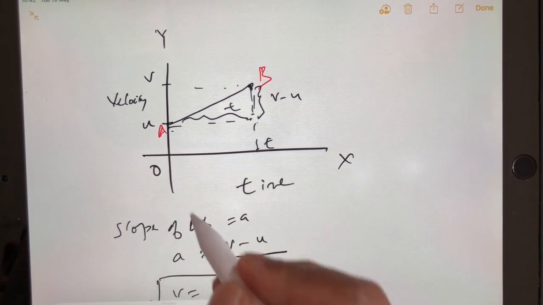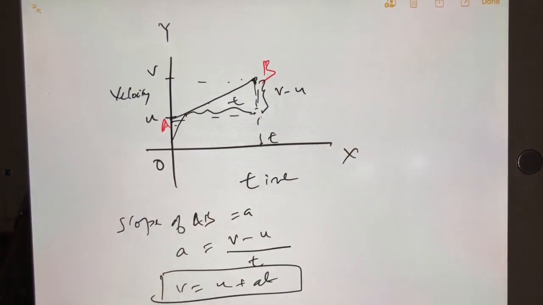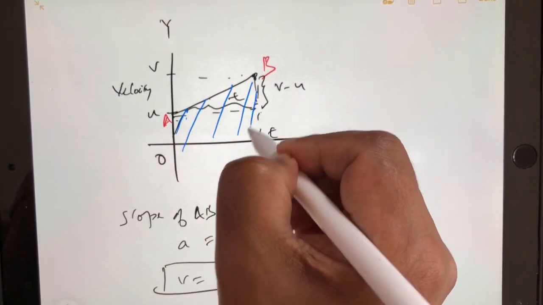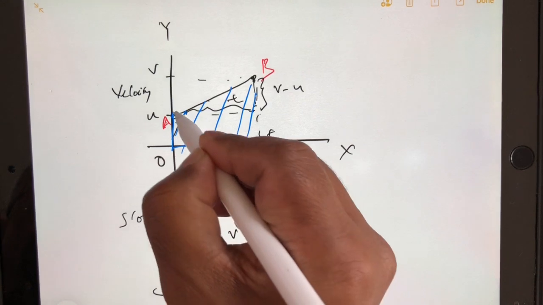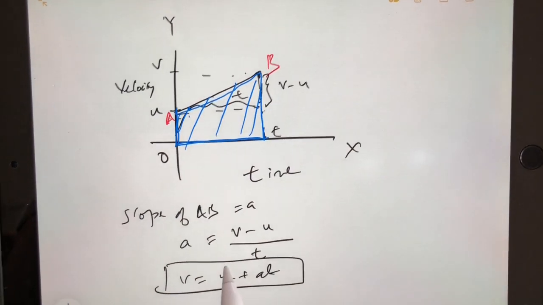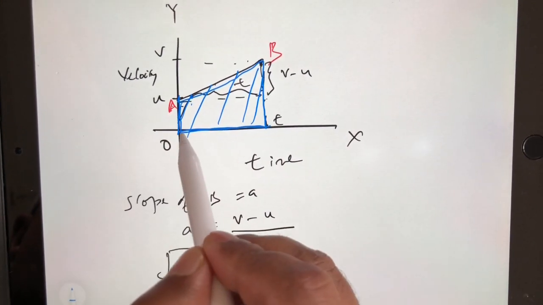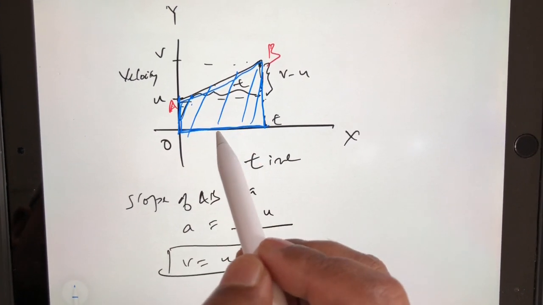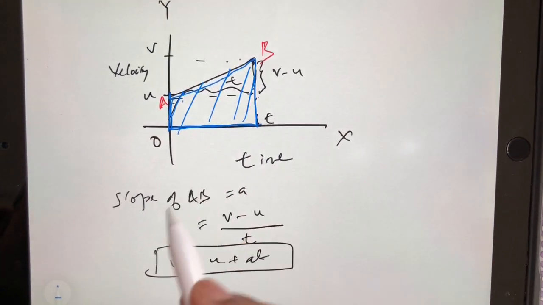Now let's try to calculate the area of this graph. What is the area of this graph? It is this shaded figure, this figure in blue. The total area of this figure will give us the displacement or the distance traveled by the body in time t.